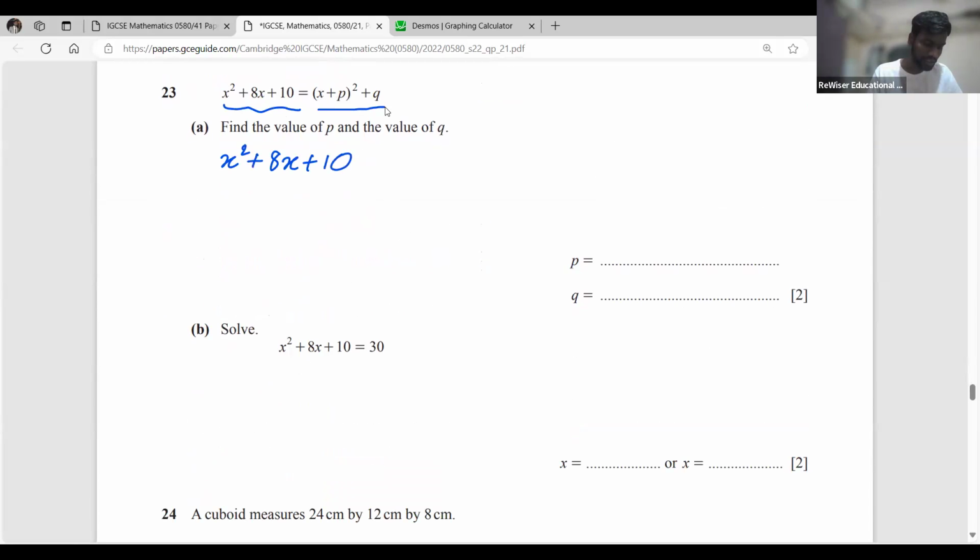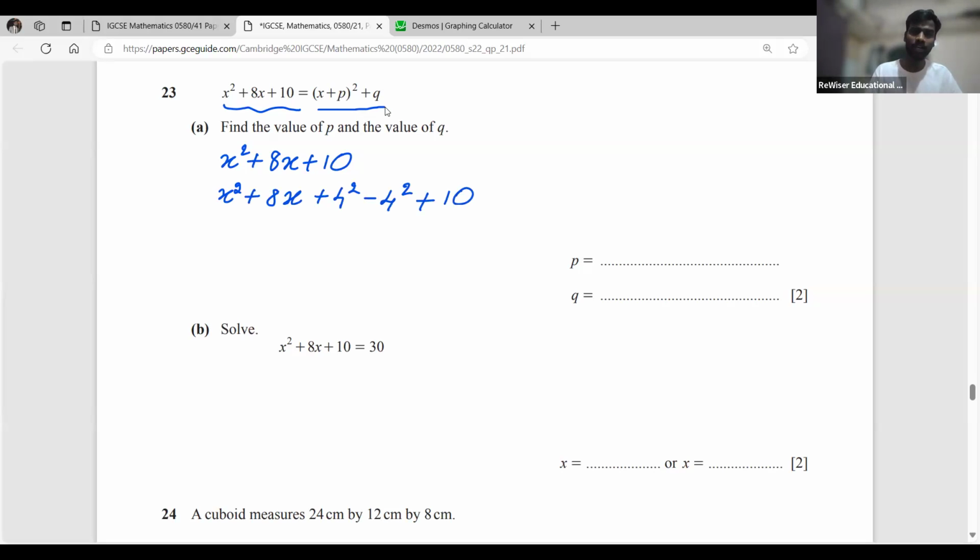Step number 2 is we have to add and subtract half of the square of the middle term. The middle term here is 8. Half of 8 is 4. So I have to add and subtract 4 squared.